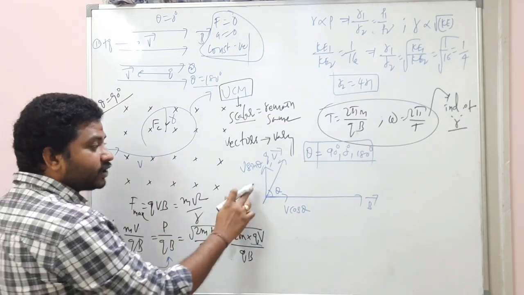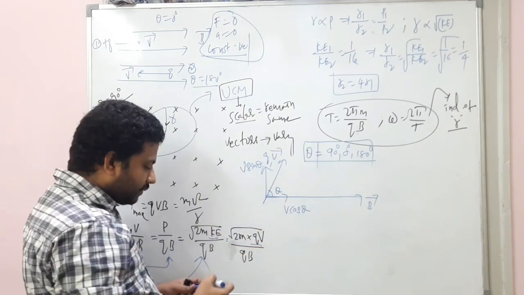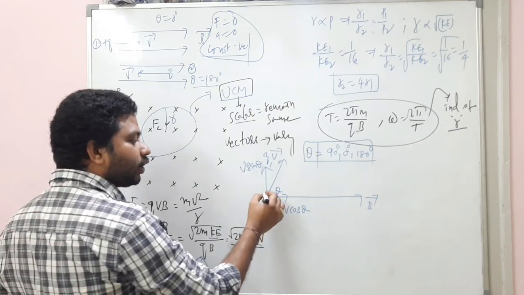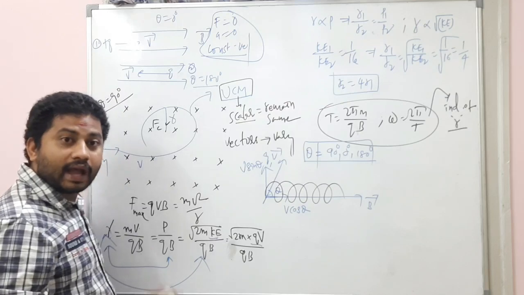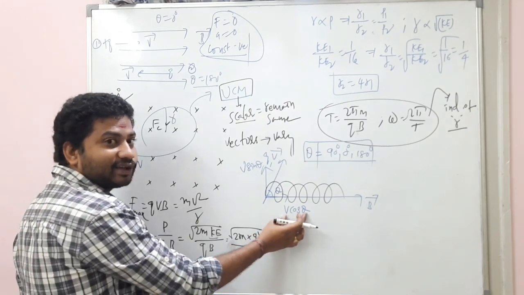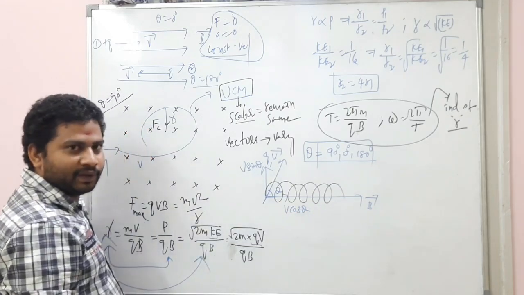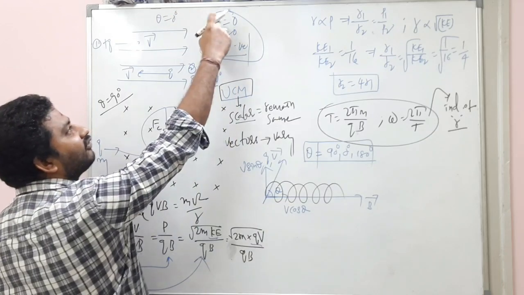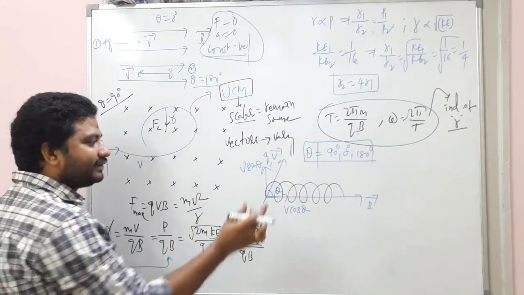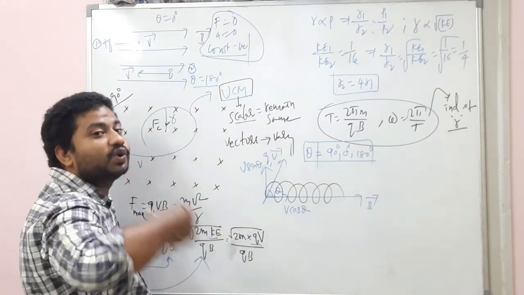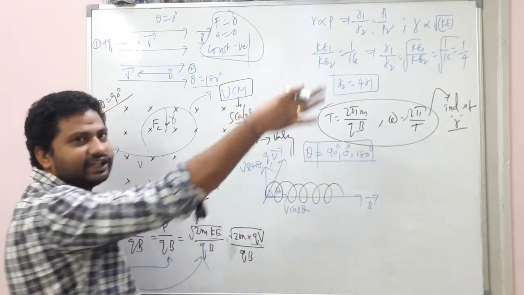V sin theta is perpendicular to B bar, so this component is responsible for the charge moving in a circular path. V cos theta makes 0 degrees with B bar, so the force is 0 and the body moves with constant velocity in linear motion. So one component makes the charge move in a circular path, and the other makes it move linearly.